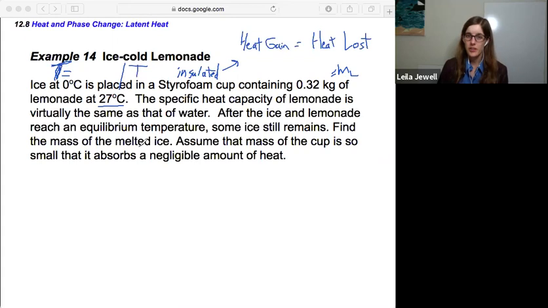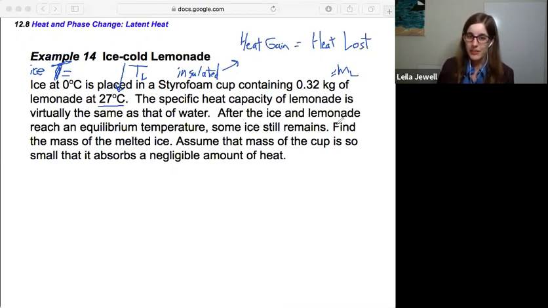So that's another temperature. Notice these are both initial temperatures of, say, the lemonade or the ice. Lemonade, this would be ice. Now, does it tell us the final temperature? It doesn't give us any other numbers of degrees, but it does give us a clue.